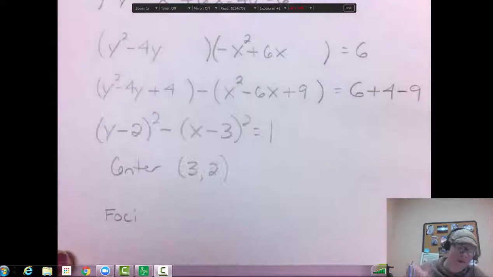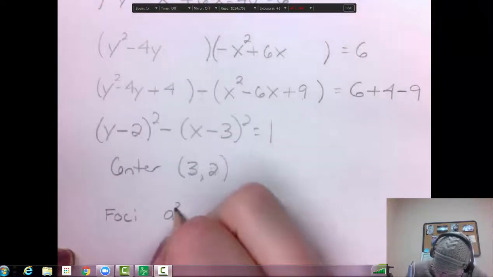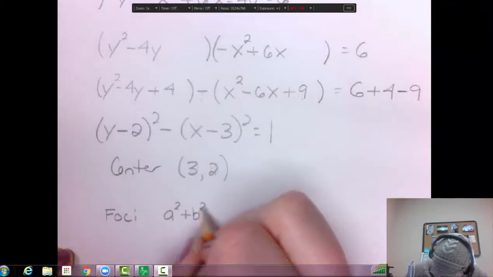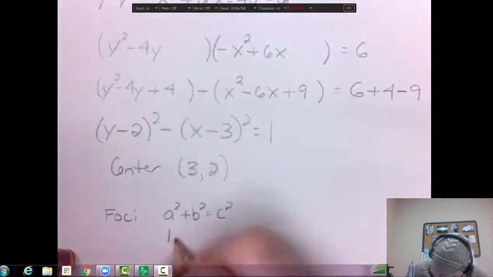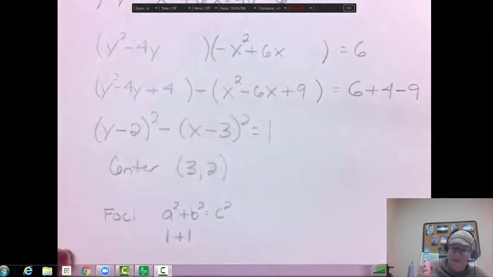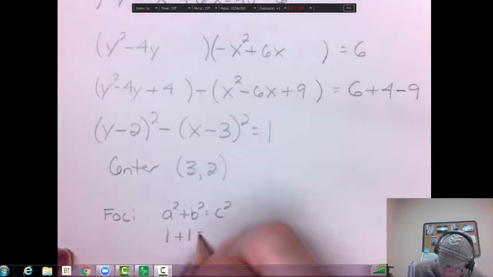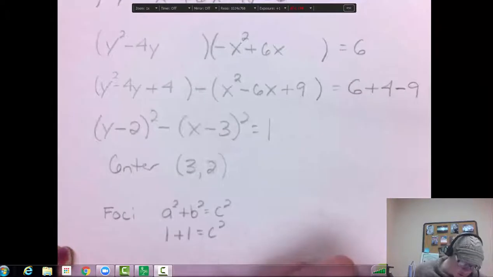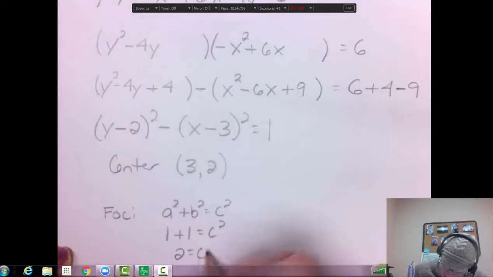So that's our a squared and our b squared. And remember, this one you add them for the focus. So a squared plus b squared equals c squared. And b and a are 1 because we don't have numbers underneath to make those distances different than 1. So 2 equals c squared, or the square root of 2 equals c.